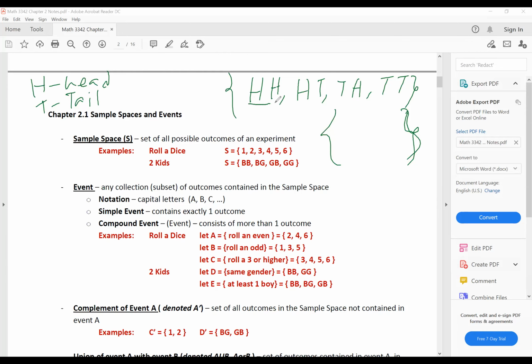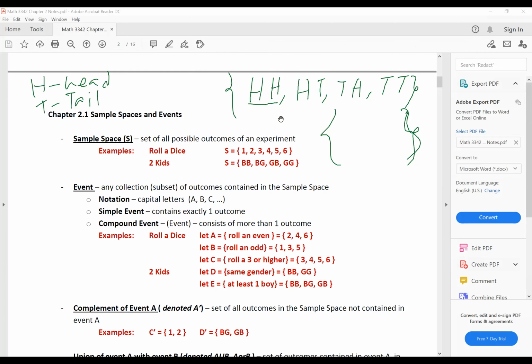The first outcome is HH. If you toss a coin twice, then you will have either both heads, head-tail, tail-head, or both tails. So you separate the outcomes with a comma. That's the way you write the sample space of an experiment.